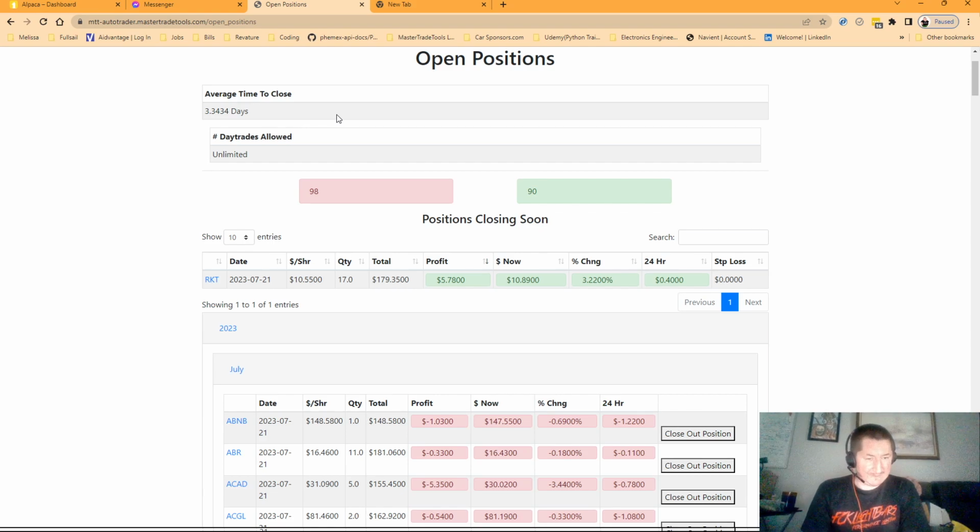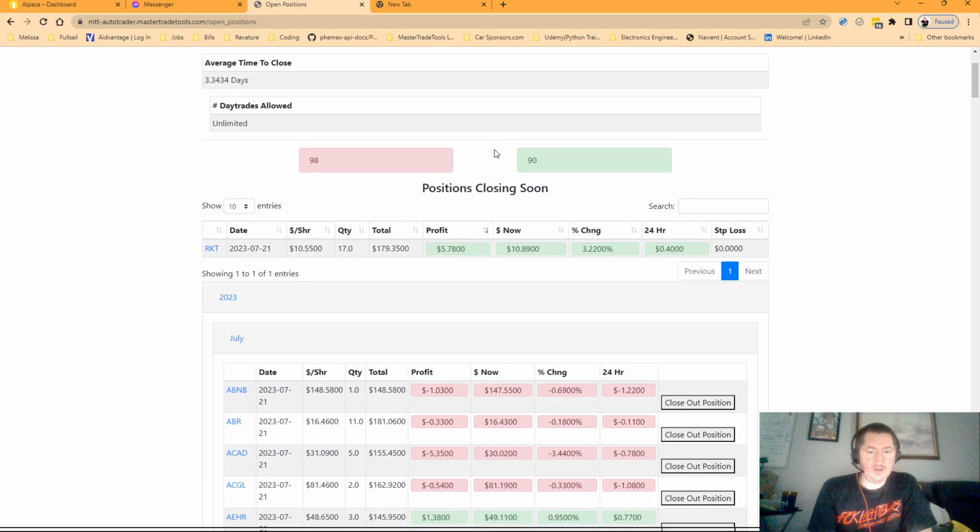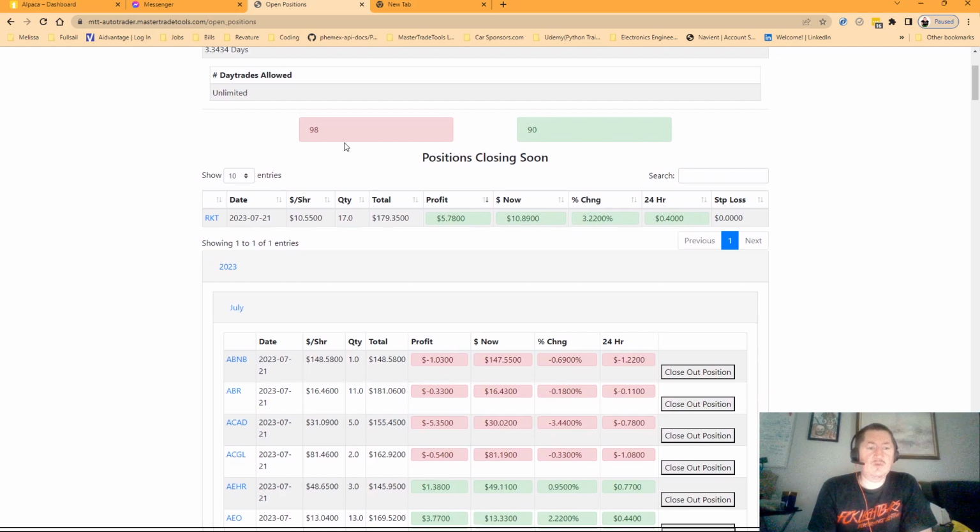So in this case, it shows how many day trades are allowed. It's also unlimited because this is a $30,000 trade account. Then right here, you will have a red and green bar. This is going to calculate how many positions are currently above what you bought at and how many are below what you bought at.